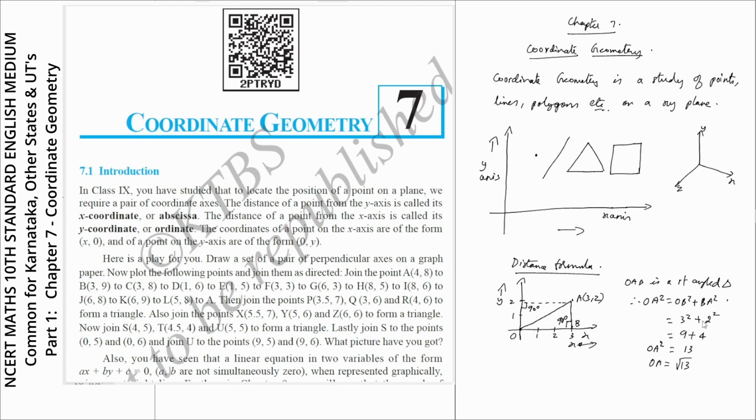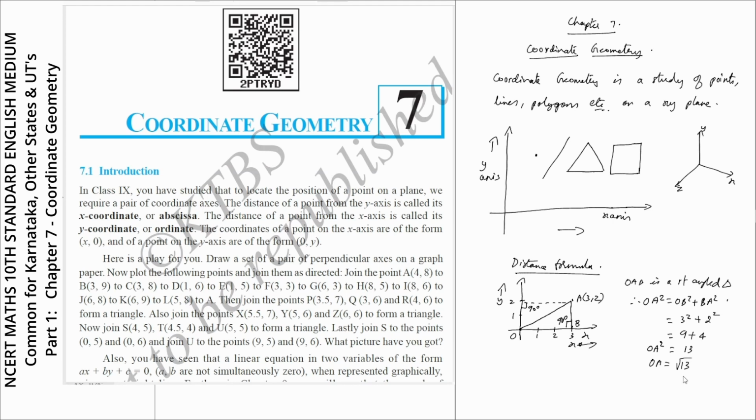So 3 square plus BA square. BA is nothing but 2 units. So 3 square is 9, 2 square is 4, and 9 plus 4 is 13. So OA square is equal to 13, or OA is equal to square root of 13.